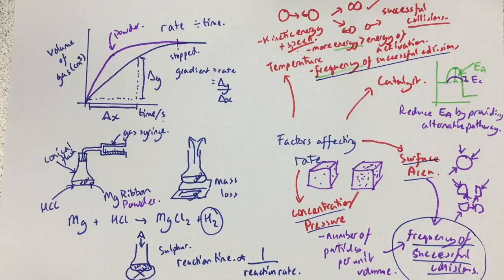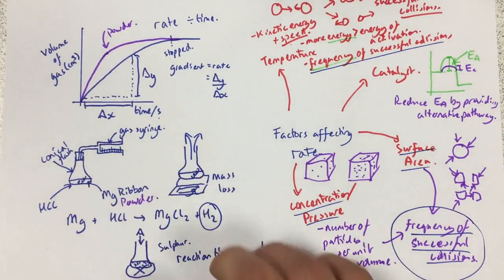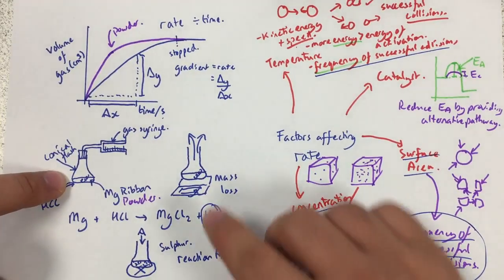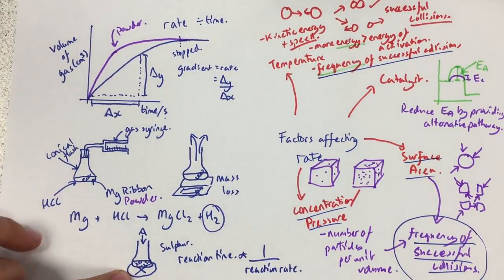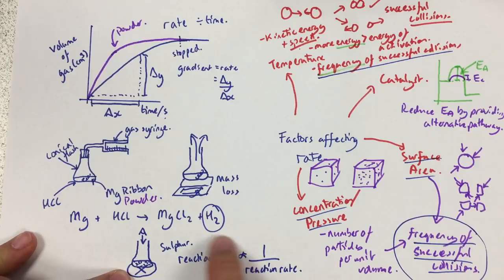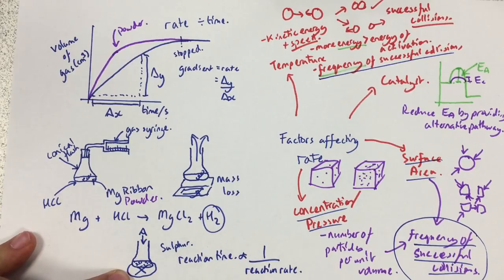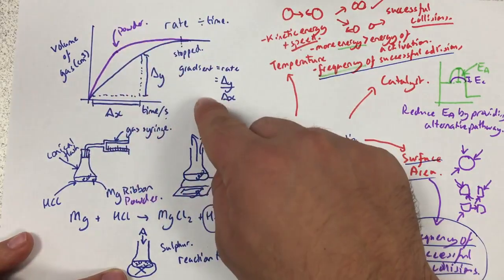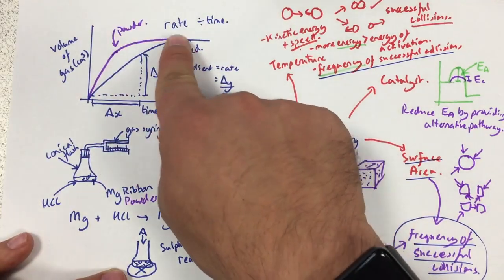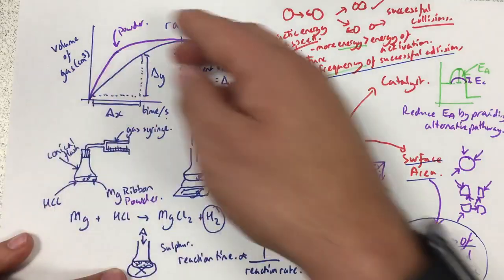You should be aware of the 3 methods of determining rates of reaction, either by collecting gas, by measuring mass loss using some scales, or by using the thiosulfate cross to determine an endpoint. Remember that reaction time is inversely proportional to reaction rate, and if you've got a graph, the gradient is the rate of reaction. It stops when it plateaus, and the steeper the line, the faster the rate.